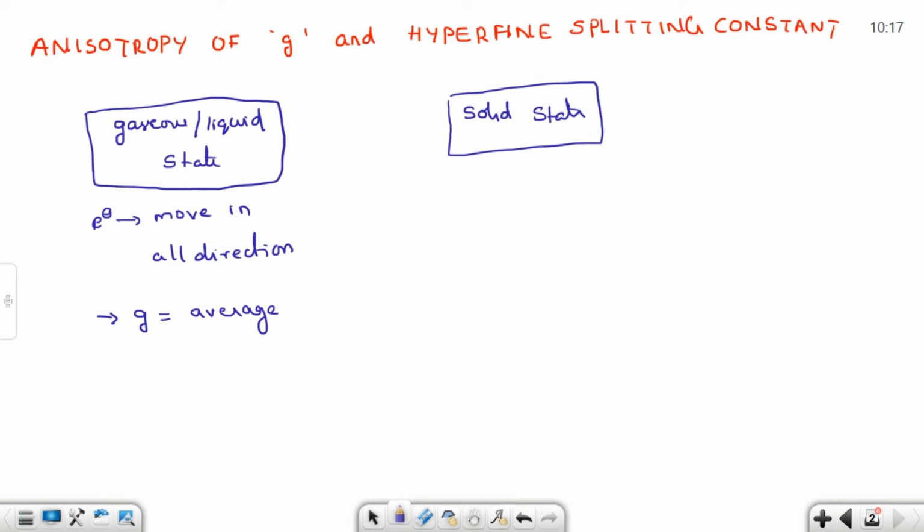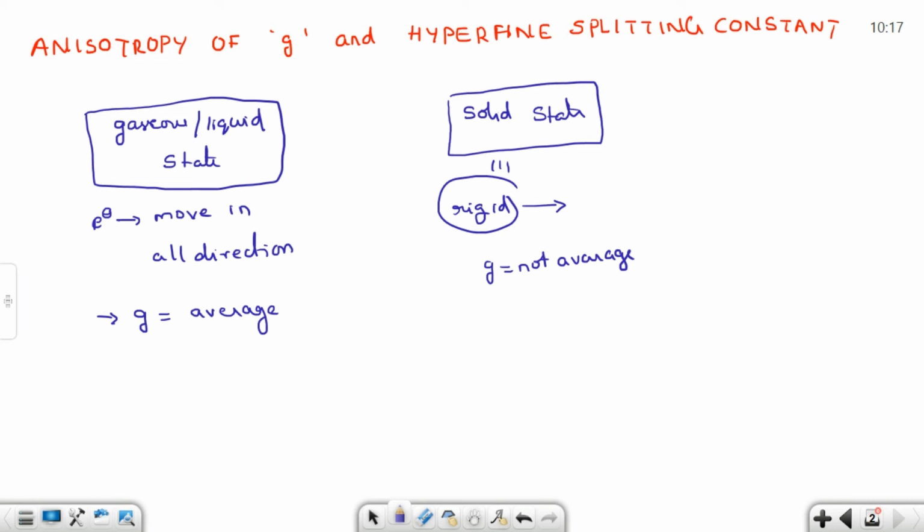Come to the solid state. The solid state is nothing but a rigid state. In the case of solid state, the sample is not moving in all directions freely. That's why G is not taken as an average.